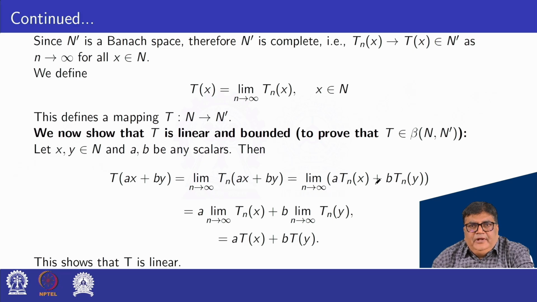Here a is free from n, b is also free from n. Then this can be written as a times the limit of Tnx plus b times the limit of Tny. Again, as per the definition, we can write this as Tx and this as Ty. That is, T(ax plus by) equals aTx plus bTy. This shows that T is linear.